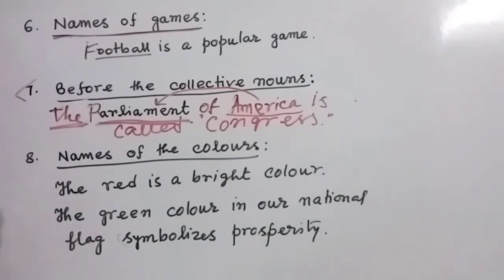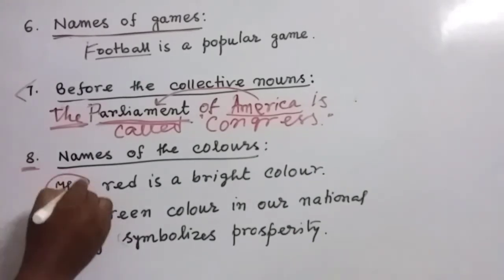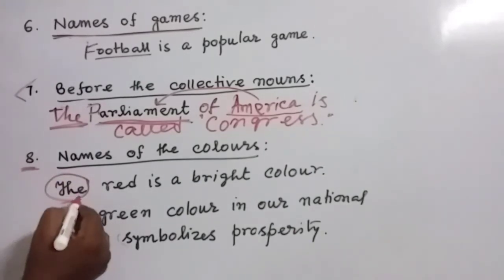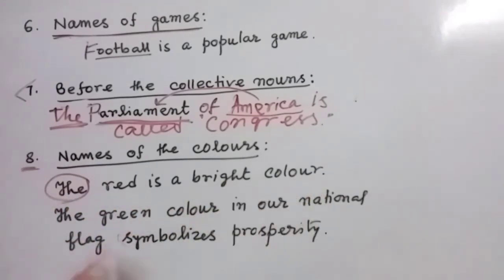Now, my dear friends, let's look at this one, names of the colors. Whenever the names of the colors are used in sentences, if used in general sense, we cannot use the term the. Here I have written, the red is a bright color.